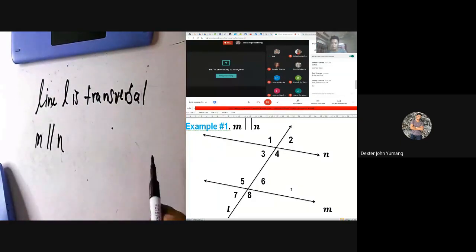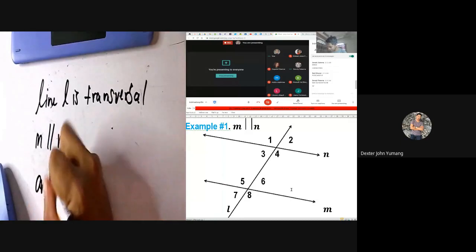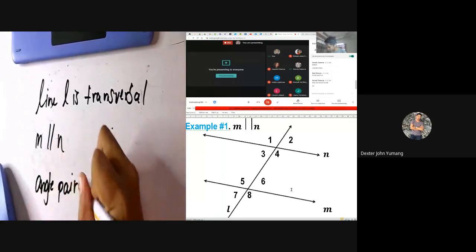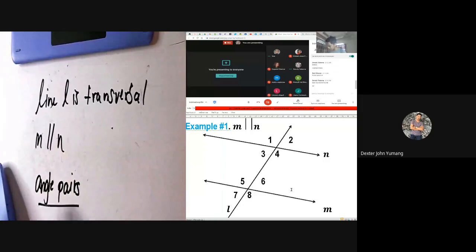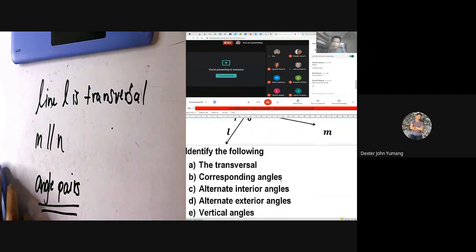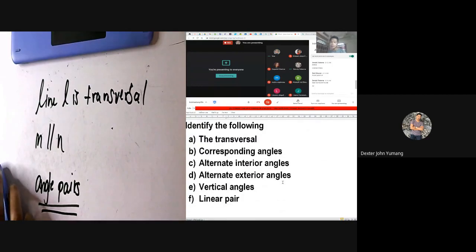Now, the first thing to do is we are going to write the angle pairs. Angle pairs. Pag sinabi mo pong angle pairs, yan po yung mga angles na magkatabi. Okay? Magkatabi, hindi literally magkatabi, kundi merong relationship. Yan po yung mga tinatawag na angle pairs. Ano po yung mga angle pairs? Napakadami po ng angle pairs. Start tayo sa letter B. Unang-una, corresponding ang tawag.